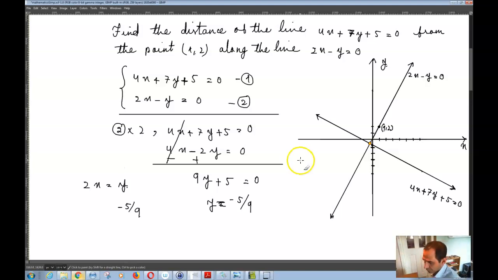So negative 5/9 is equal to 2x. That means that x is equal to this divided by 2, which is negative 5/18. So the coordinates of this point are negative 5/18 and negative 5/9.